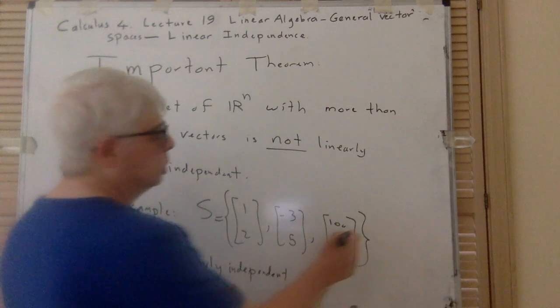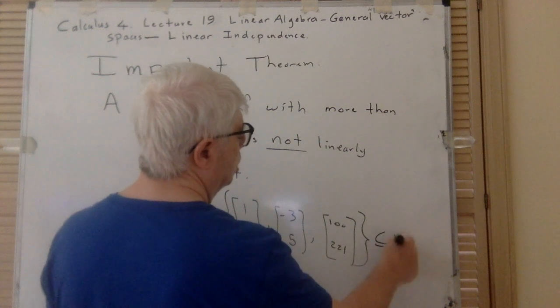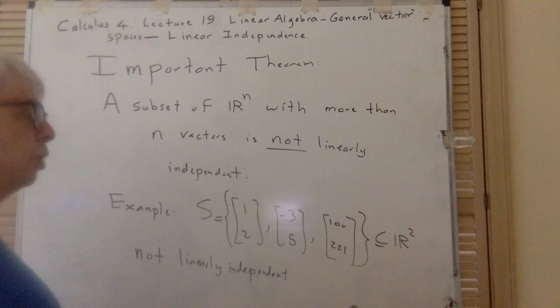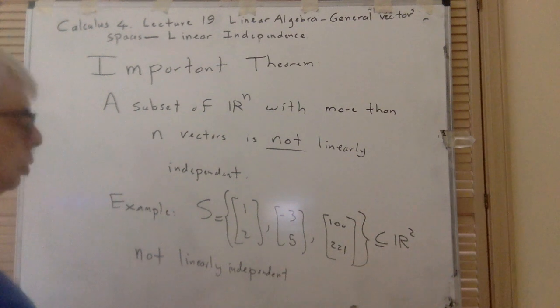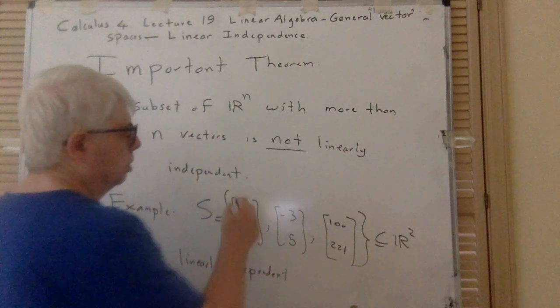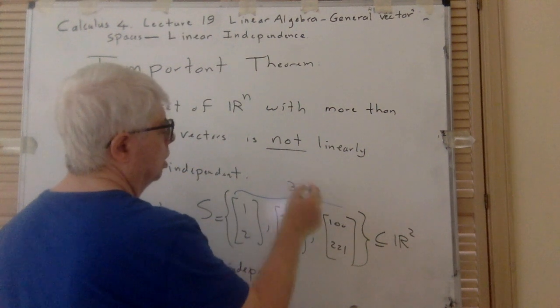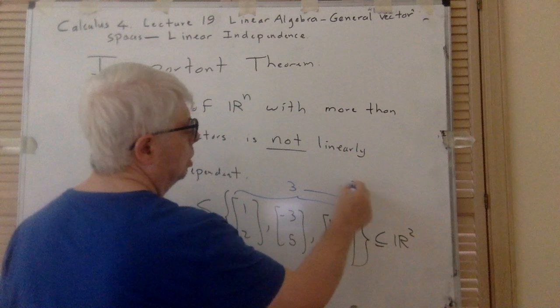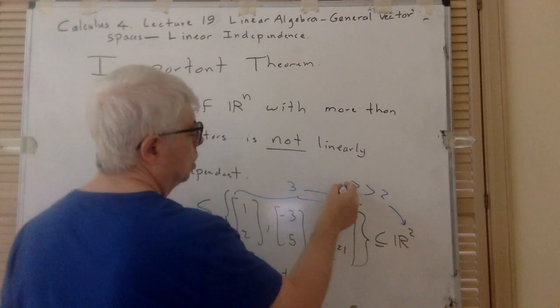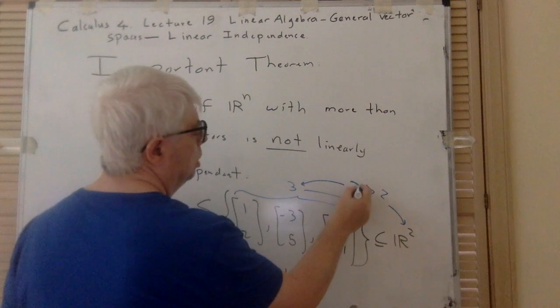And look, this is a subset of R2, right? These are elements of R2, so that is a subset of R2. And we have 3. This 3 is bigger than 2, right? 3 is bigger than 2.